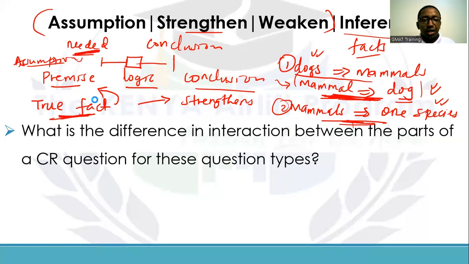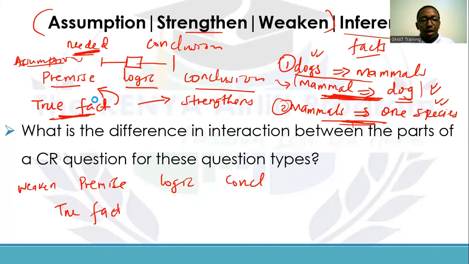And then the opposite of this is weakening. So for weaken, you have your premise, you have the logic and conclusion. So you are looking for a fact that, if true, causes you to call into question the conclusion. So you have new information that makes this conclusion probably not true.